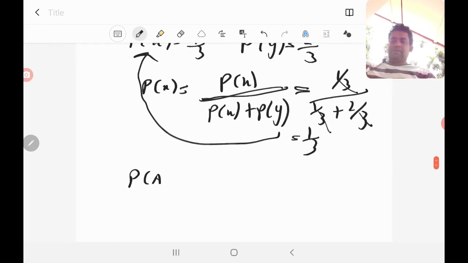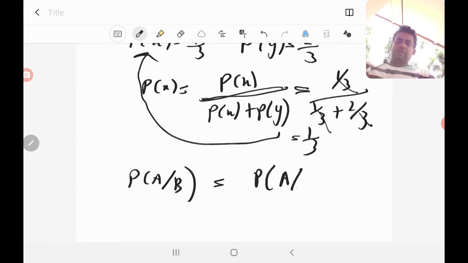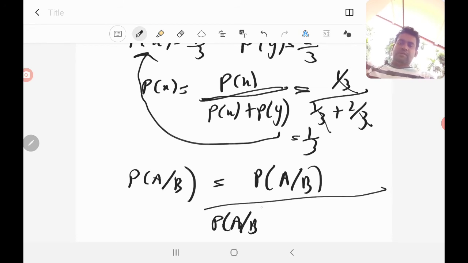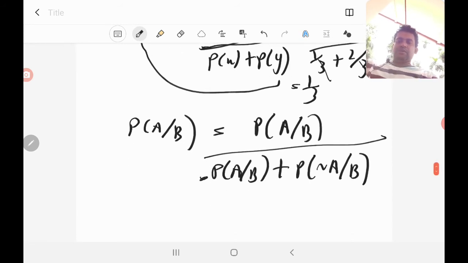So we can do something like this here. We can say PA given B is PA given B divided by PA given B plus P not A given B. The sum of these two terms will be 1.